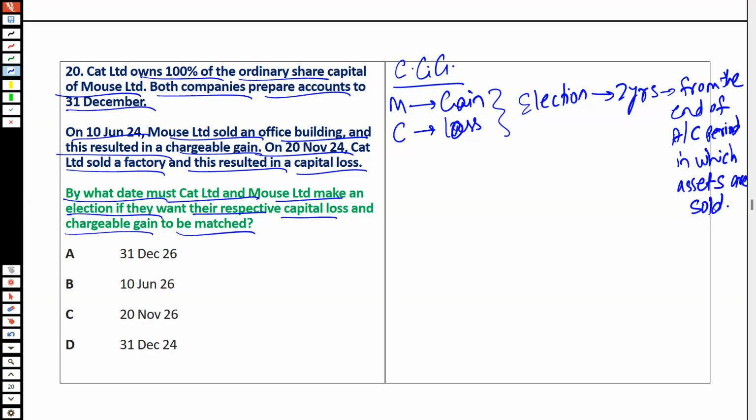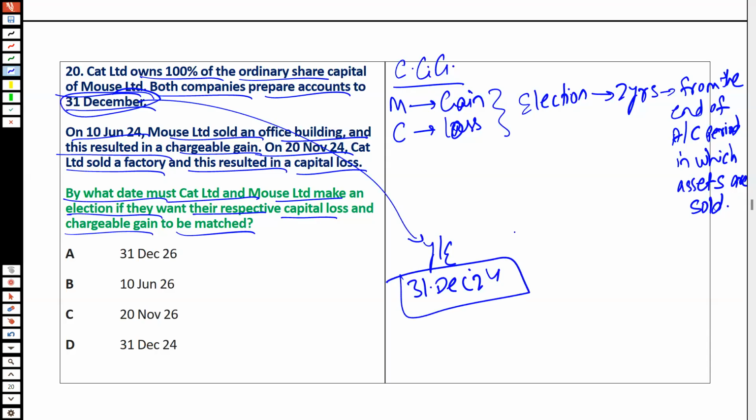So the year end date is 31st December 24.